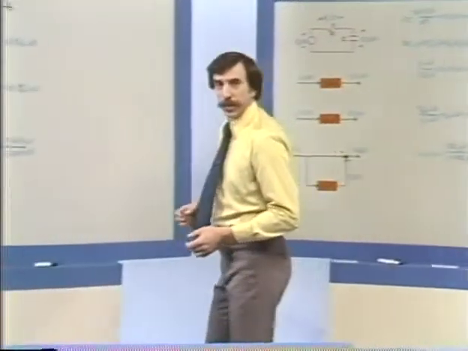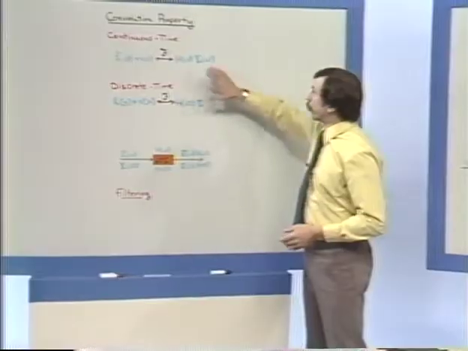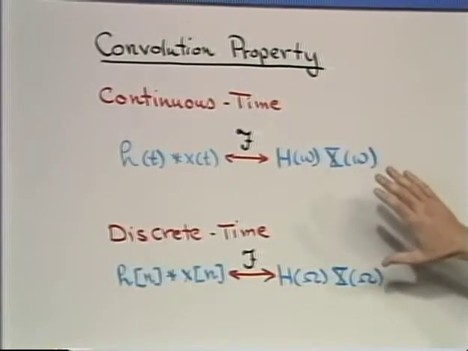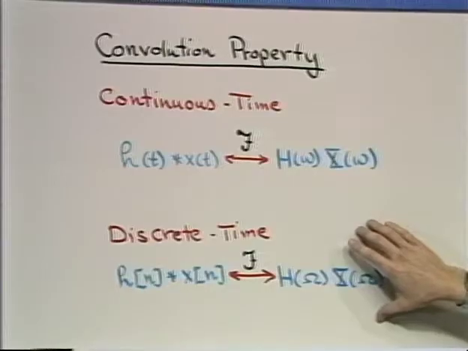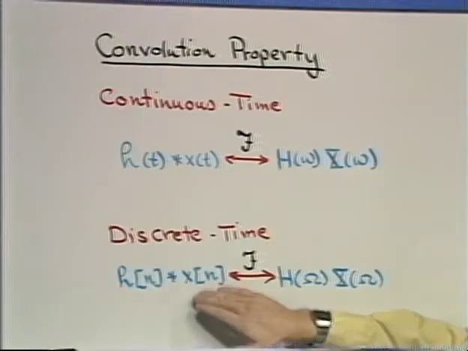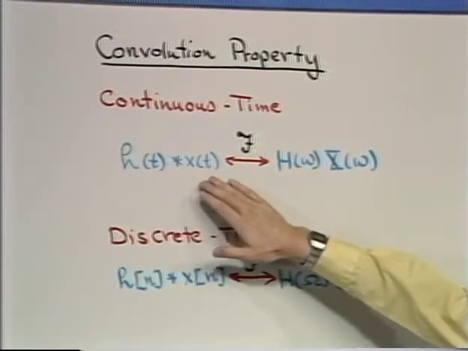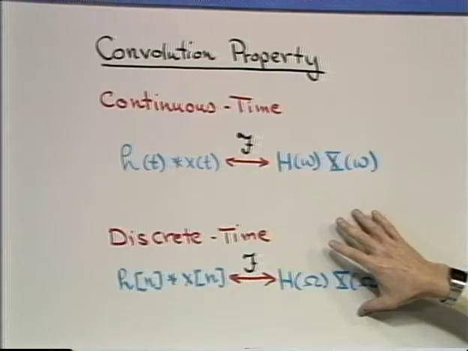To begin, let me just quickly review what the convolution property is. Both for continuous time and for discrete time, the convolution property tells us that the Fourier transform of the convolution of two time functions is the product of the Fourier transforms.